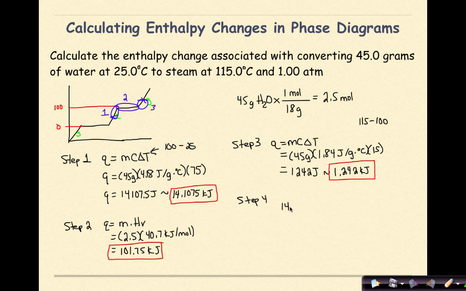So 14.1075 plus 101.75 plus 1.242, and if I add all those up together, my answer is going to be 117.1 kilojoules as my final answer. So this is an example of how you would calculate the enthalpy change in a phase diagram.